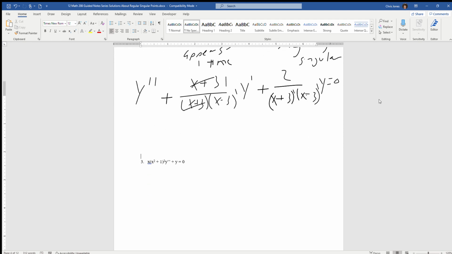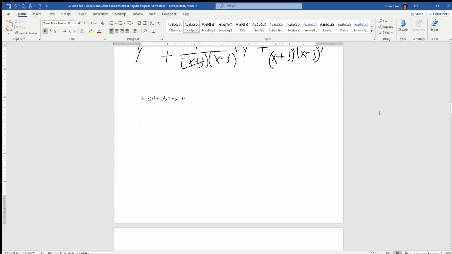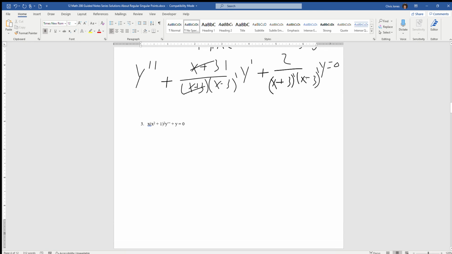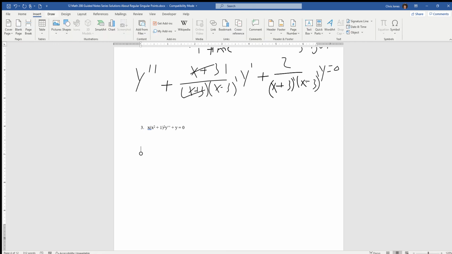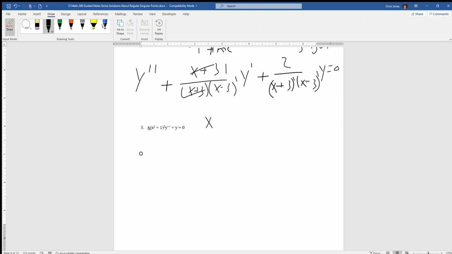A final example, we have x times x squared plus 1 squared y double prime plus y equals 0, all right, x squared minus 1 squared. And so let's go ahead and divide, and clearly we know that x naught equal to 0 is one singular point, and then also x squared plus 1 squared equals 0, all right, just to be completely transparent about this.